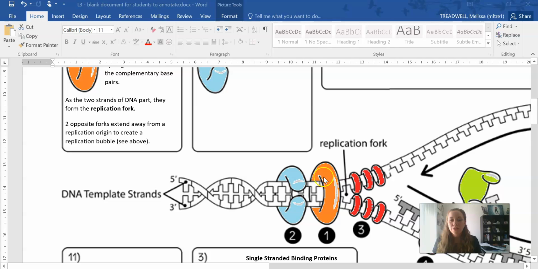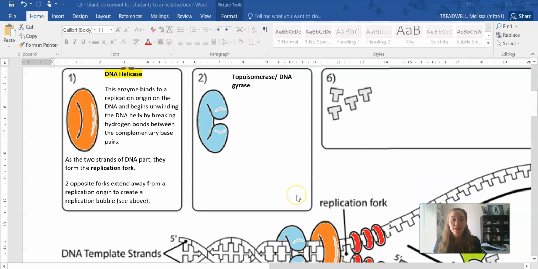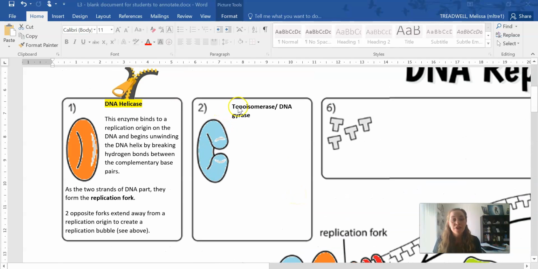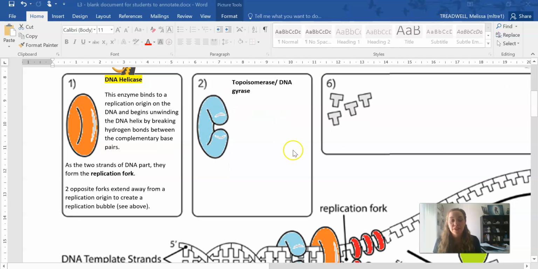Okay, so now we're going to look at this enzyme that's sitting behind the DNA helicase. You don't actually have to know the name of this. It's just that it's in the diagrams, so I'll just point out what it is, and I mentioned it in the video. It's topoisomerase, and it's a specific type of this group of enzymes, DNA gyrase.